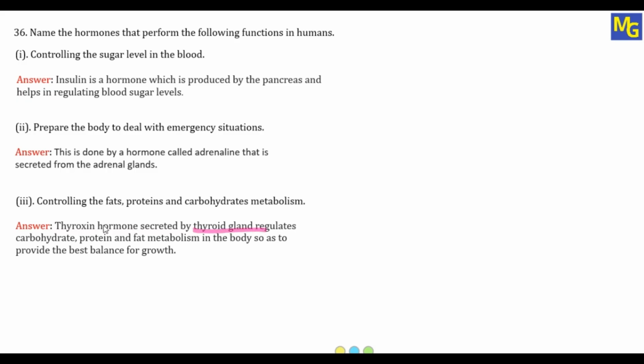This gland will secrete the hormone thyroxine and this will control the digestion or metabolism of carbohydrates, proteins and fat so that it can provide the best balance for growth. It means proper growth can take place with the help of this hormone. So this is the answer for question number 36. Now we'll move to the next question.